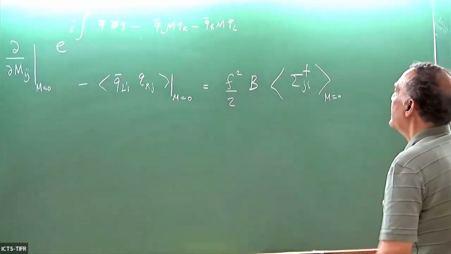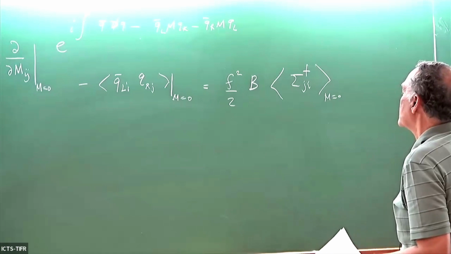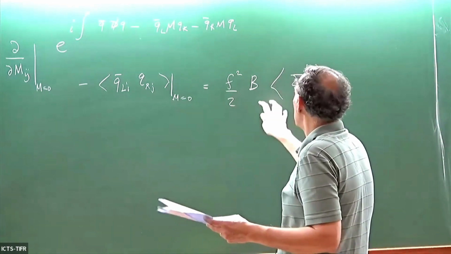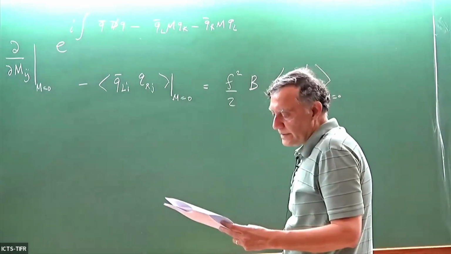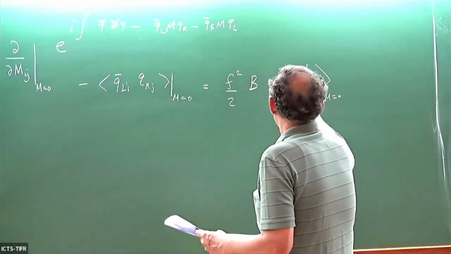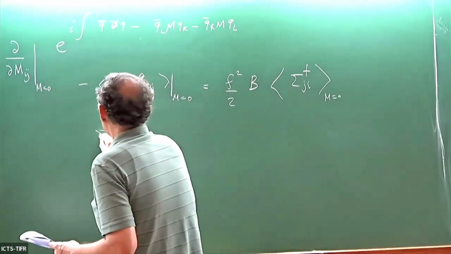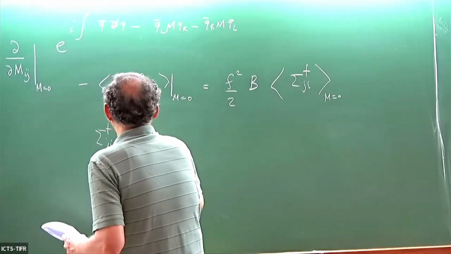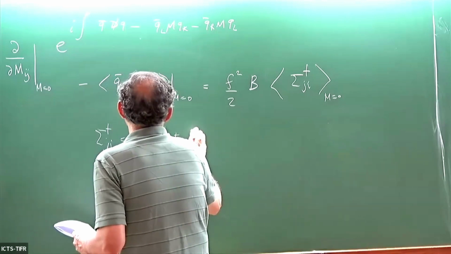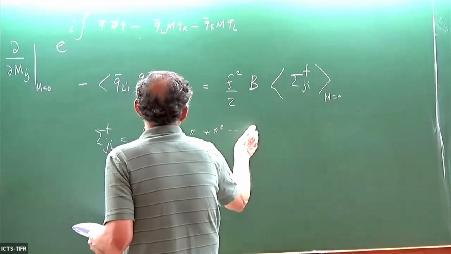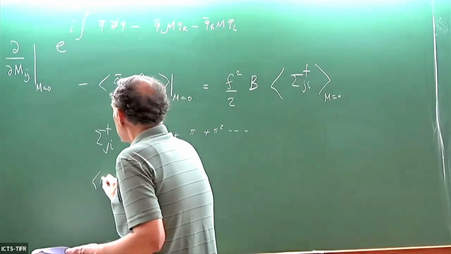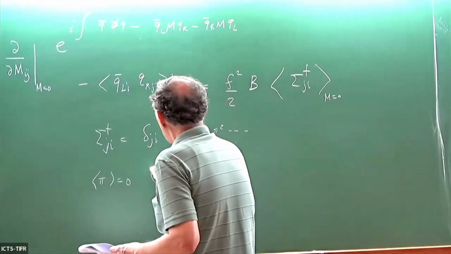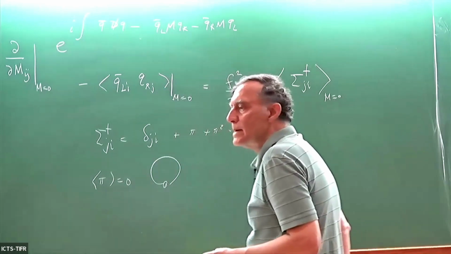So by differentiating the QCD and the EFT with respect to sources, I can get some information on what's happening here. And when I expand out sigma dagger, sigma dagger ji is delta ji, and then there are terms which are pion, 2 pions, etc. But the matrix element in the ground state of the pion is 0, and then the 2 pion matrix element would be a Feynman diagram like this.